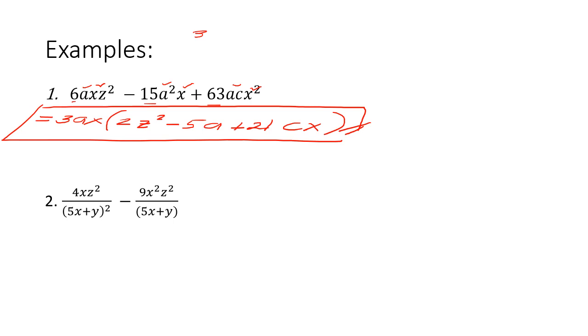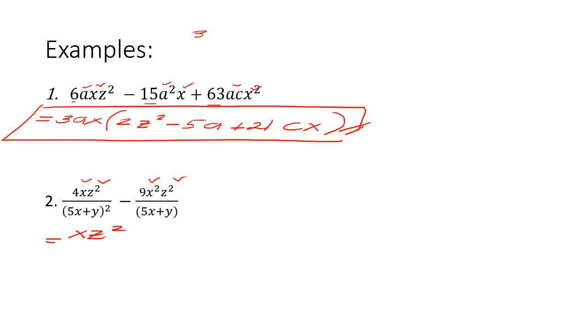No operation will be involved, but we need to just simply factor it out. So let's check what are the common terms for both numerator and denominator. For the numerator, you have x for each term. So you have x, and also you have z squared for each term. That's for the numerator.